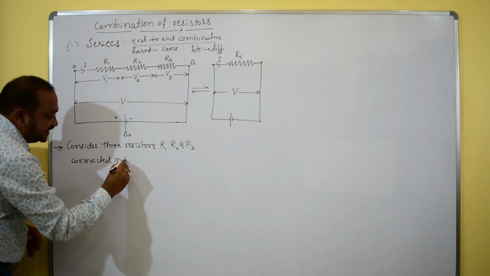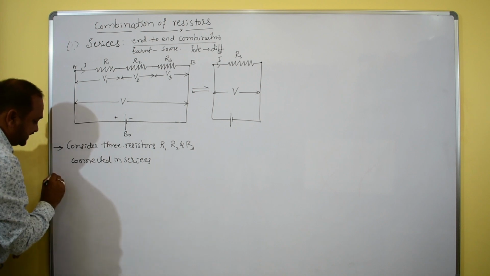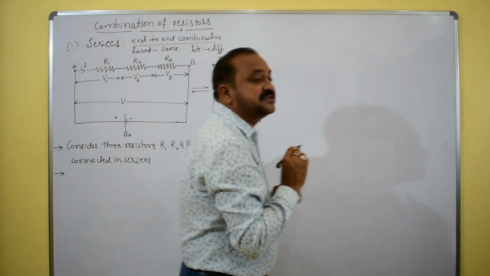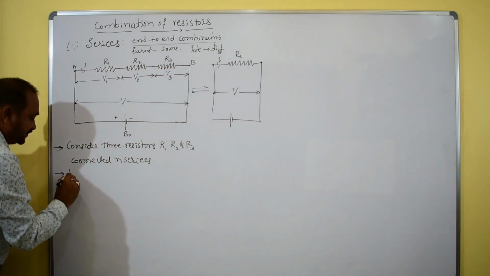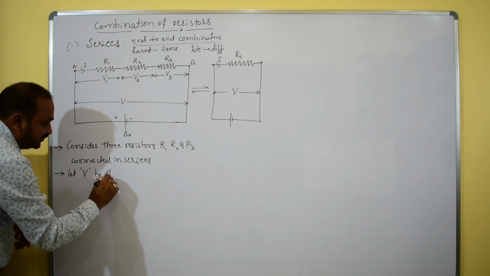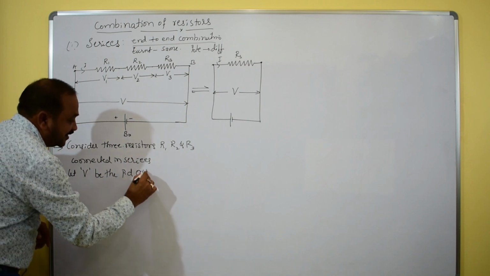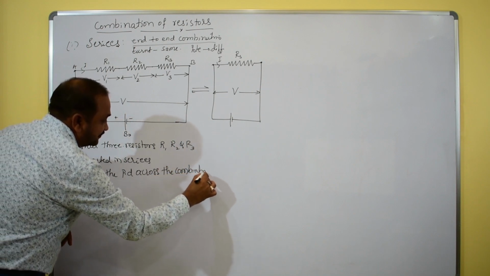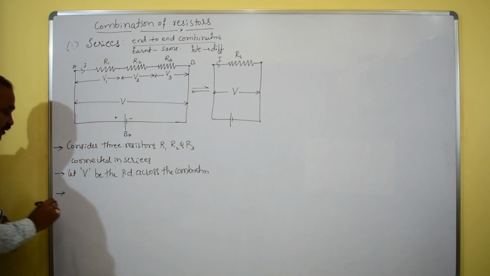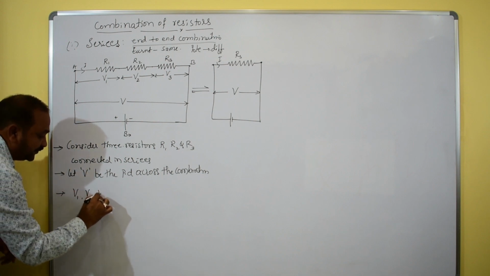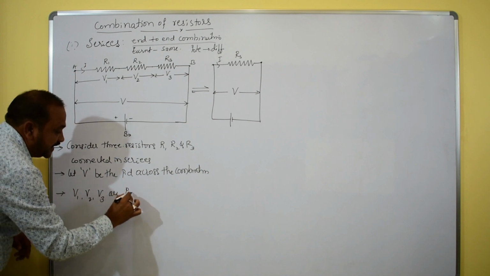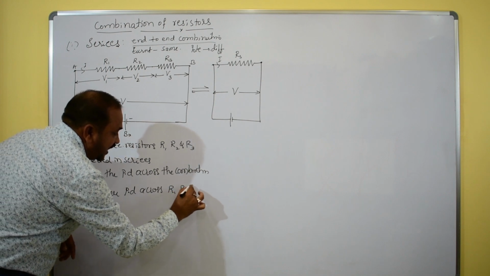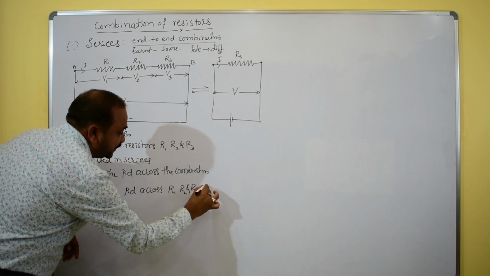The second point: let phi be the potential difference across the combination. Next, V1, V2, V3 are the potential differences across the resistances R1, R2 and R3 respectively.